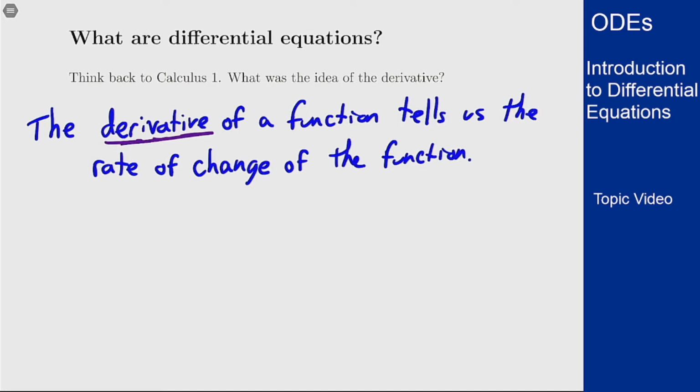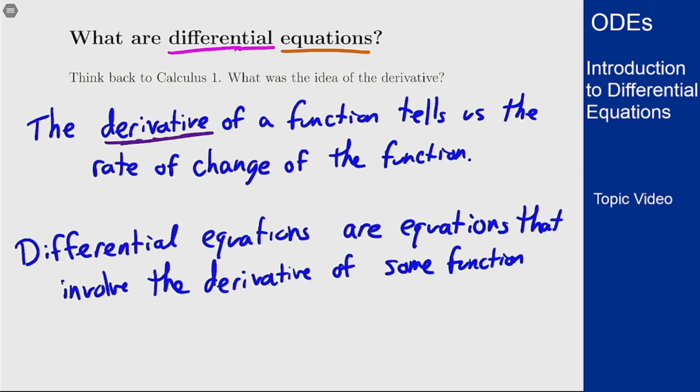So if I have a differential equation, really that's going to be an equation that involves the derivative of some function. It's really a way that we can describe or explain what the rate of change of some function is.